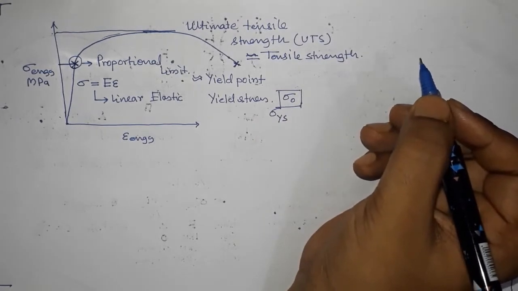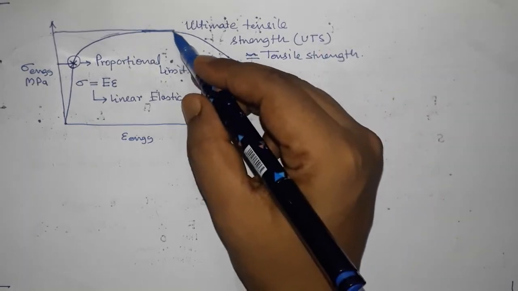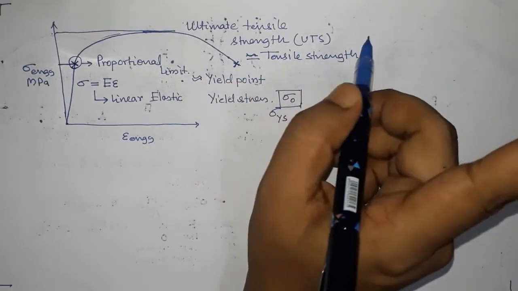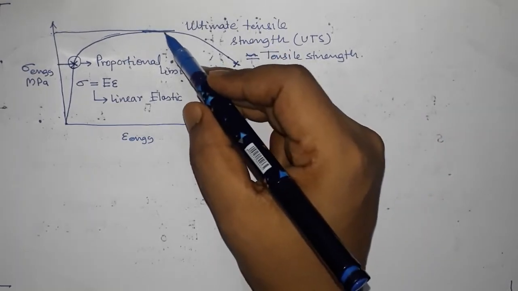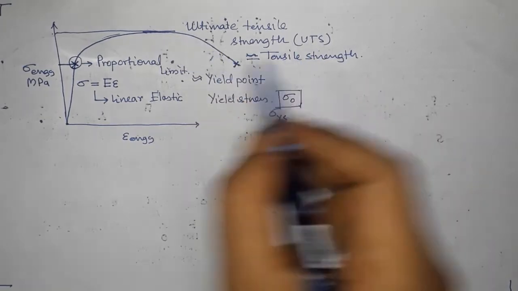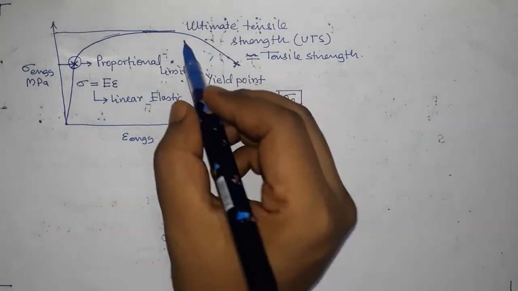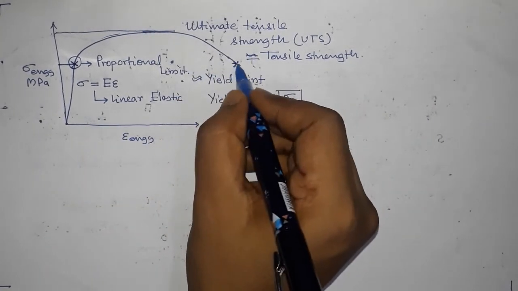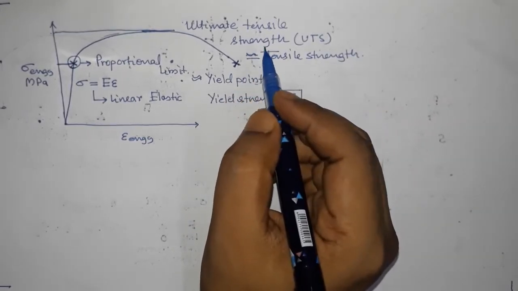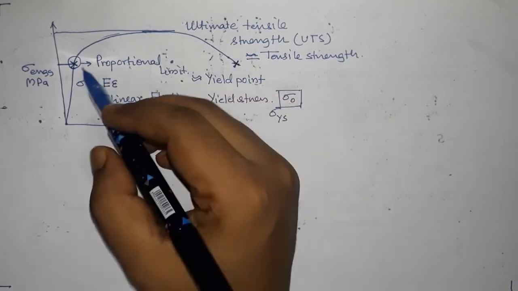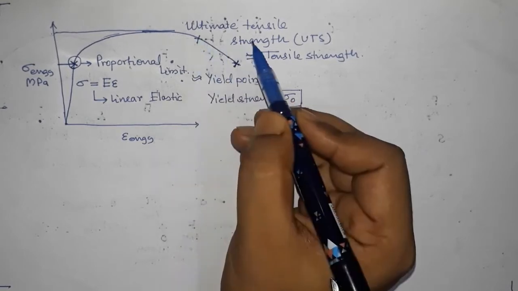Okay, then what happens, that stress starts decreasing. The question is why it starts decreasing. We will come to that question. But it starts decreasing, and it decreases only when you plot engineering stress versus engineering strain plot. And then it reaches a value which is the minimum value, so to say. And this minimum value can actually be higher than yield strength also. So it can break somewhere here also, right?